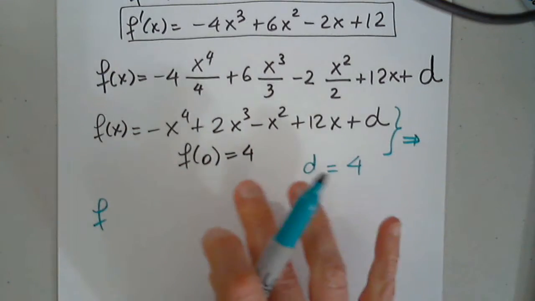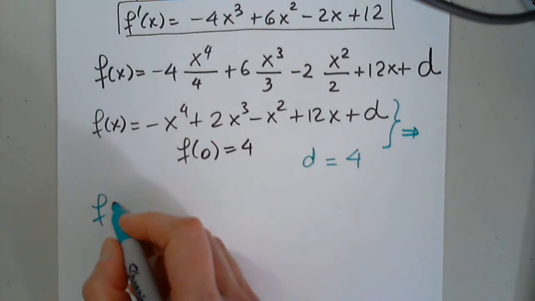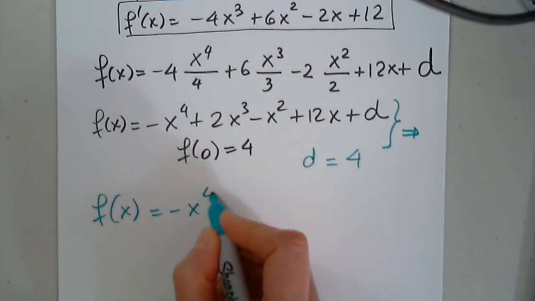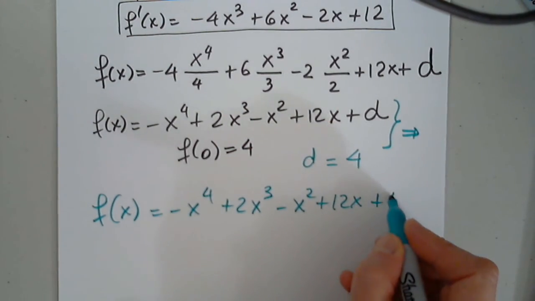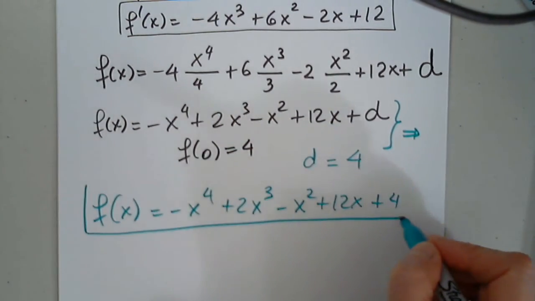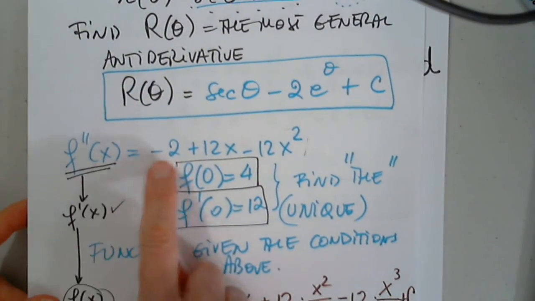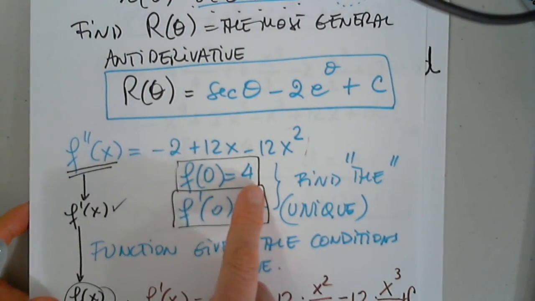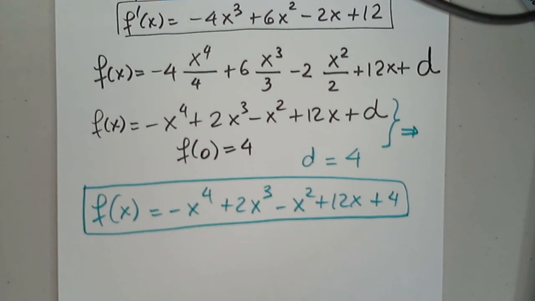Does everyone see this? Yes? Okay, perfect. So f of x is negative x to the fourth plus 2x cubed minus x squared plus 12x plus 4. And this is the only function that complies with the given conditions. What conditions? It has a second derivative that is this, and f of 0 is 4, and f prime of 0 is 12. And this is not the most general antiderivative.